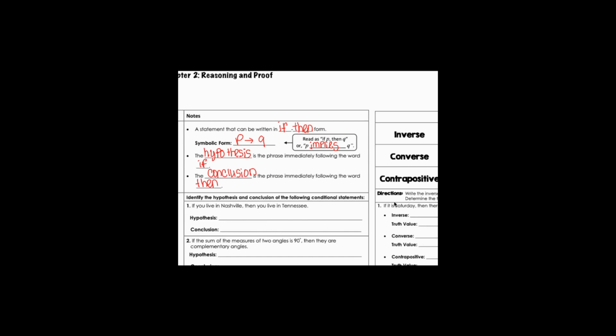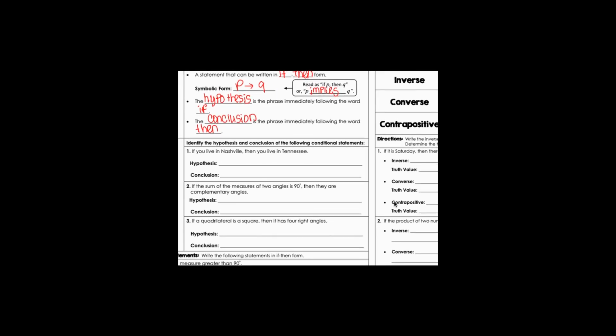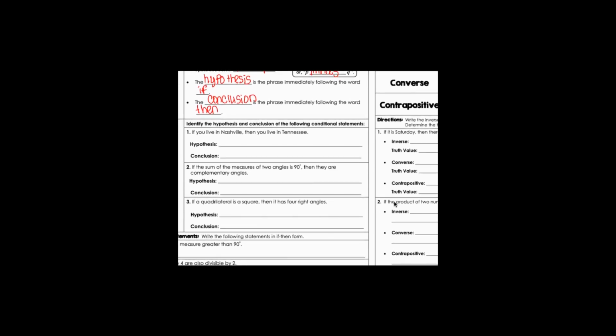So identify the hypothesis and the conclusion of the following statements. If you live in Nashville, then you live in Tennessee. So the hypothesis is you live in Nashville. The conclusion would be you live in Tennessee. I'm just going to abbreviate.